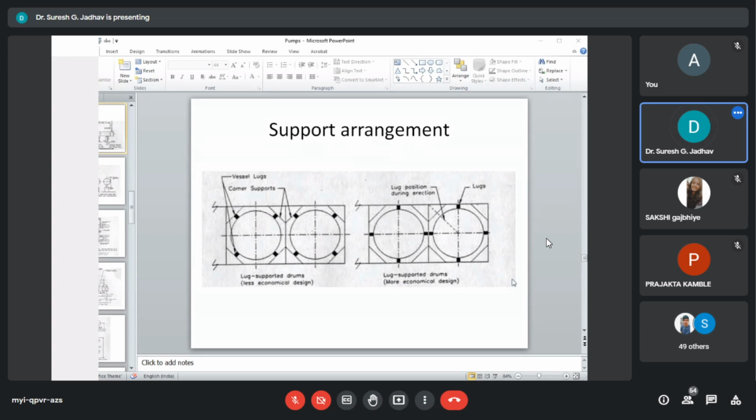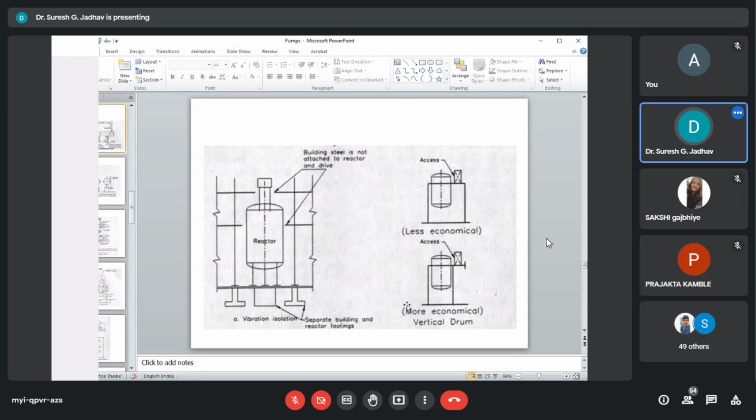Lug supported drums are quite less economical designs, and if you change the lug supported drums, that is a more economical design. So from these sketches we can design the basic arrangements of the support arrangement in the process industry as well as the piping industry.